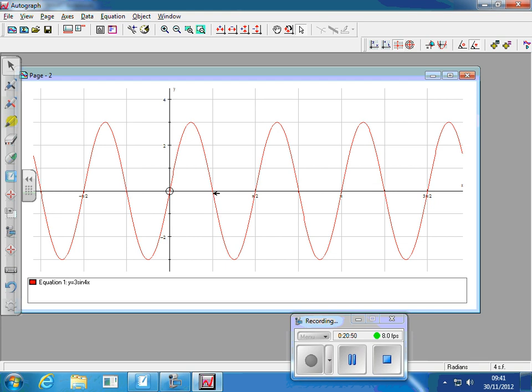Right, so what can I do if I want this area? Integrate between 0 and pi by 4, and then if I want the total area, what do I do next? Once I've got the area between 0 and pi by 4, I can then times by 4 and I'll get the area between 0 and pi.